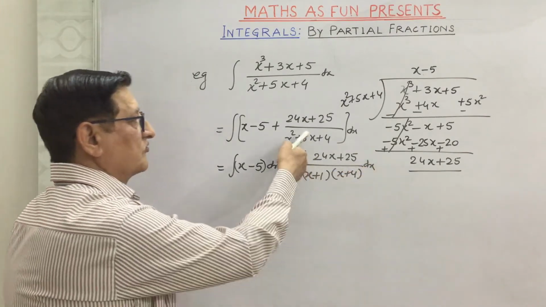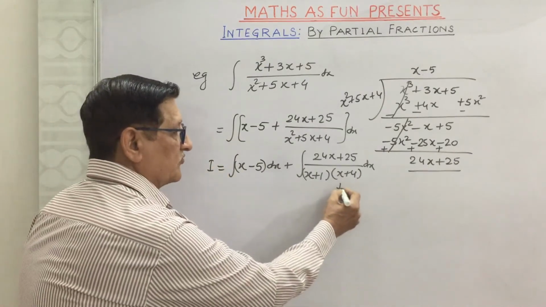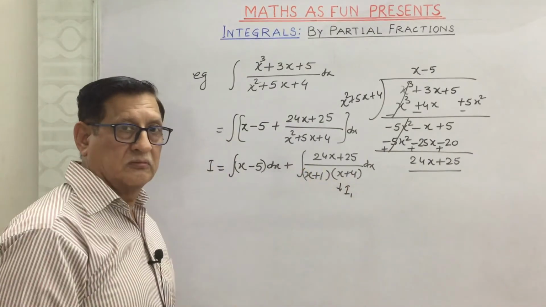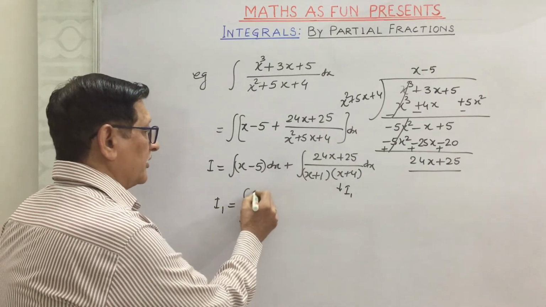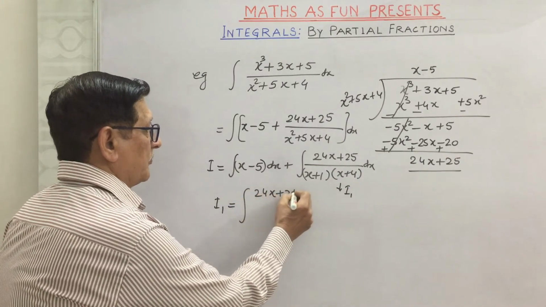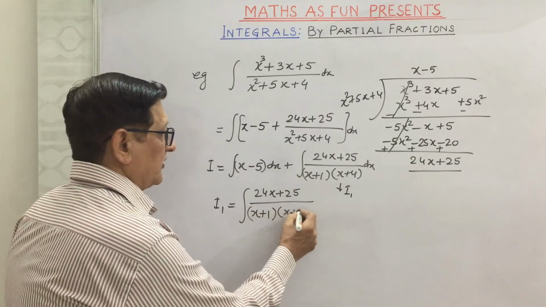These are the factors of this. We represent this by I, and suppose this we take as I1. Then we write I1 is equal to integral of 24x plus 25 upon x plus 1 into x plus 4.